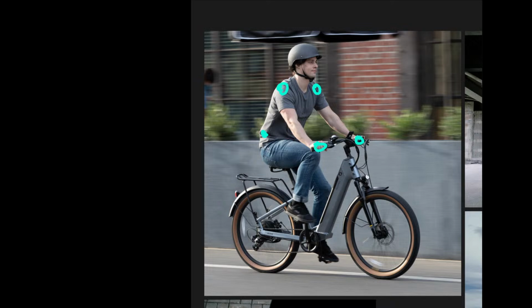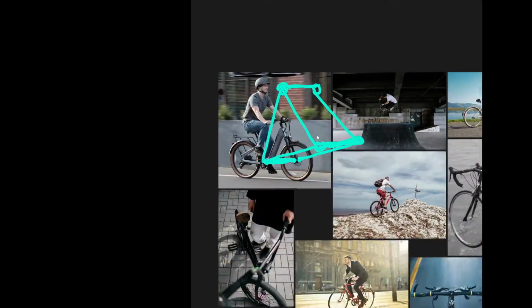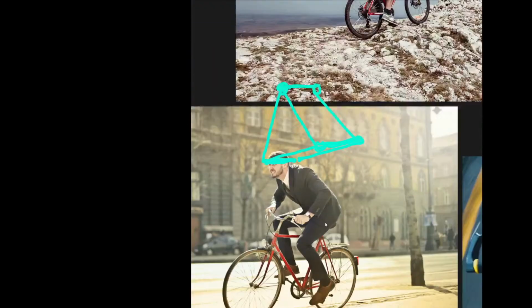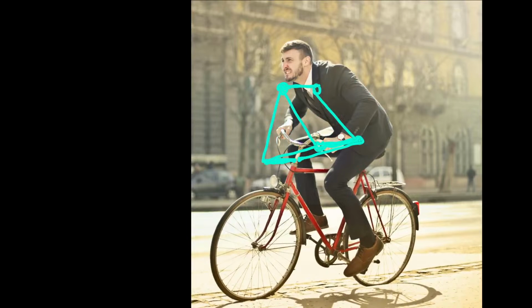To simplify, we can just say, okay, where is the bottom of the pelvis, where is this line, and where is this line, and this is making this triangle. So depending on the height of the seat, of the saddle, and the height of the handlebar, we will have different kinds of triangle. So here you see shoulders, this handlebar.